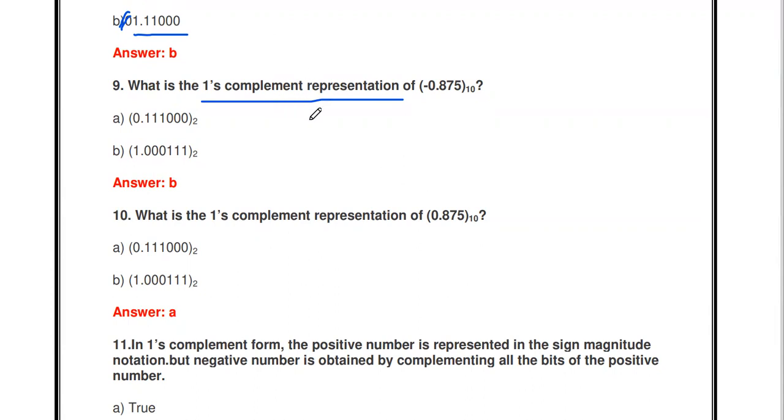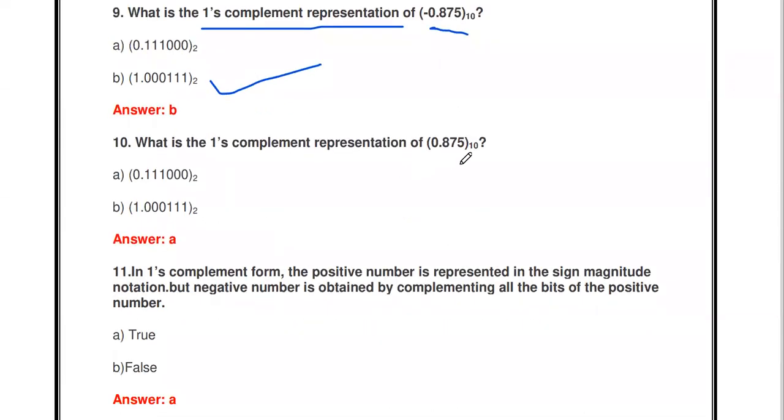In ones complement representation, first we convert the given digit 0.875 to binary. Then to represent it in ones complement, the zeros are converted into ones and ones are converted into zeros. So the answer is 1.000111.